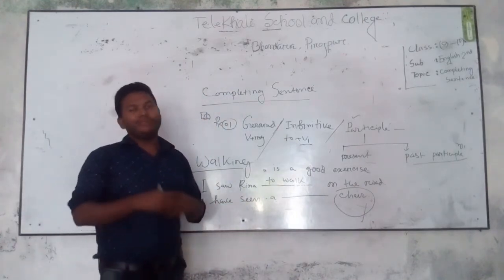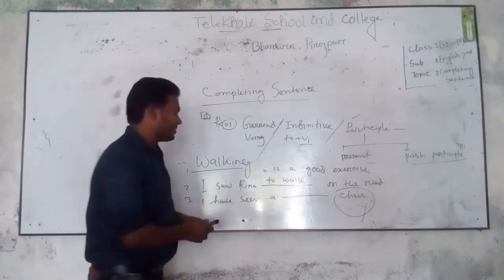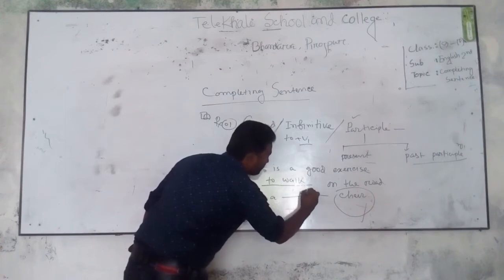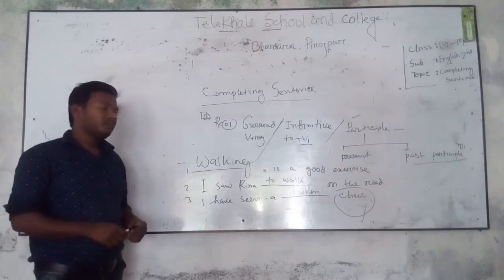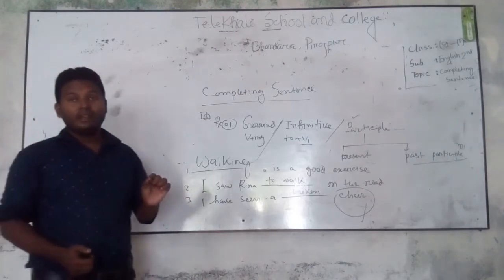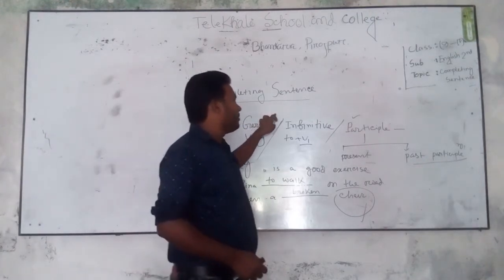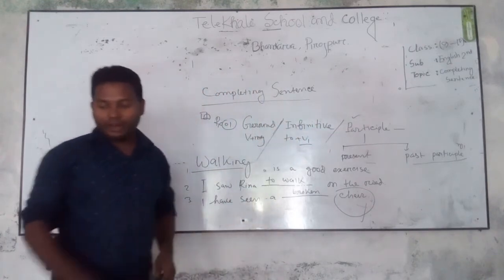Perhaps you can use a past participle: I have seen a broken chair. Students, you can complete sentences by using gerund, participle or infinitive. Rule 1.